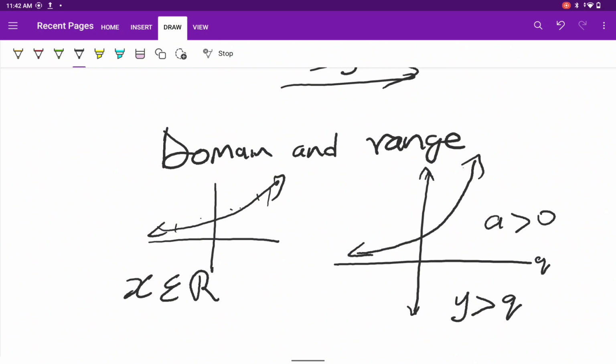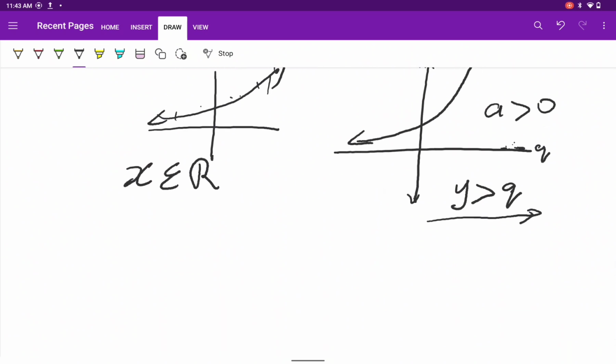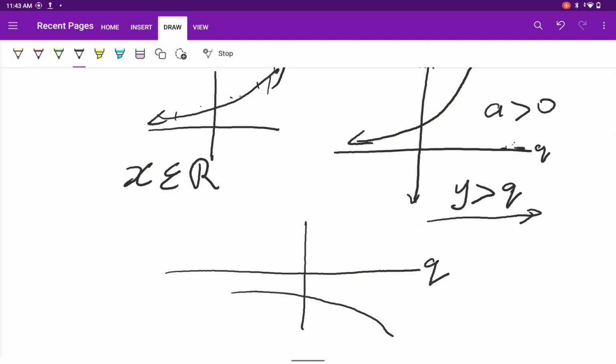In other words, the graph is drawn above the asymptote, above this line, then the range will be y is greater than q, whatever q may be. But if the graph is drawn below the q, then the range will be y is less than q.